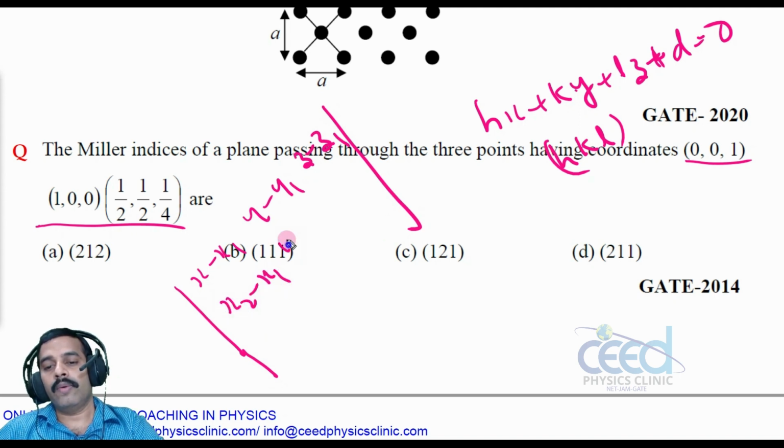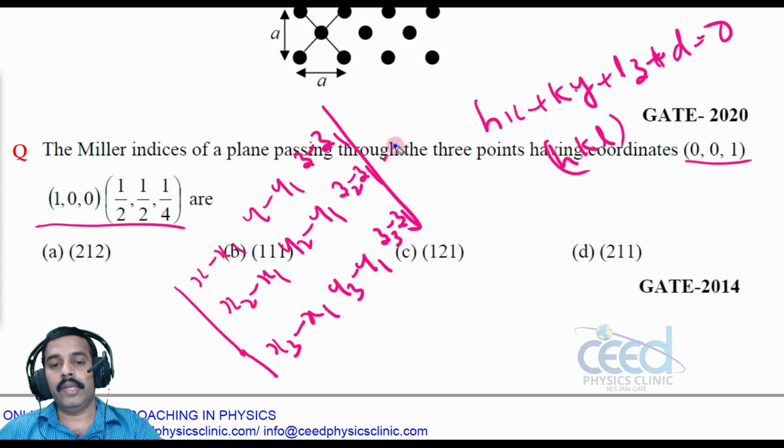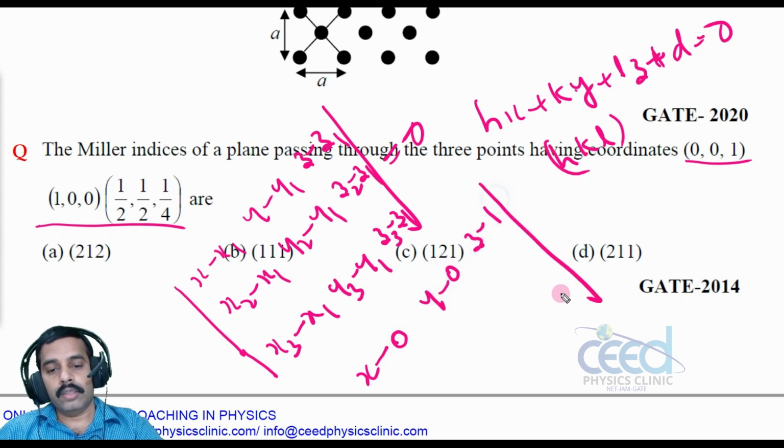x2 minus x1, y2 minus y1, z2 minus z1, and x3 minus x1, y3 minus y1, and z3 minus z1 equal to 0. Now, what is x1? x1 is 0, right? So x minus 0 and y minus 0 and z minus 1.